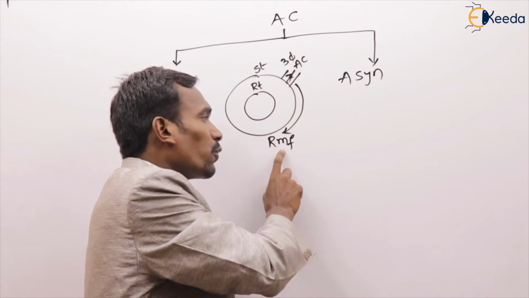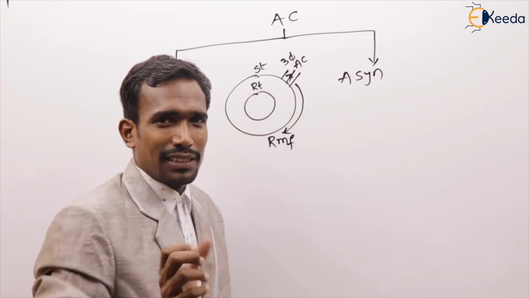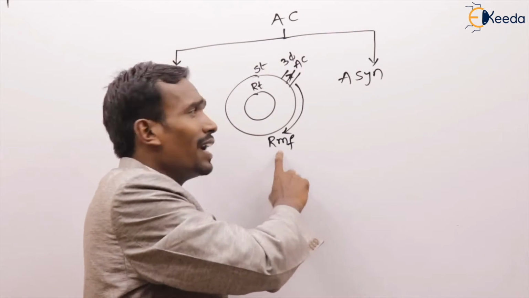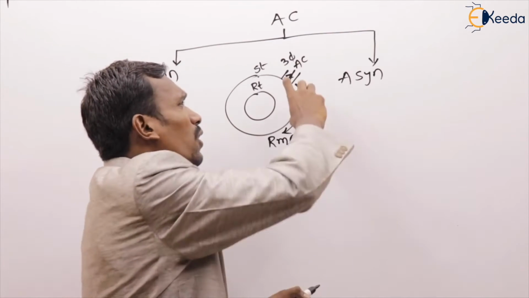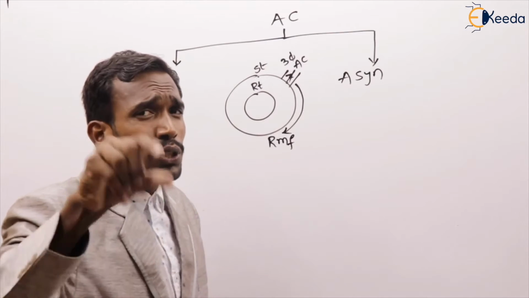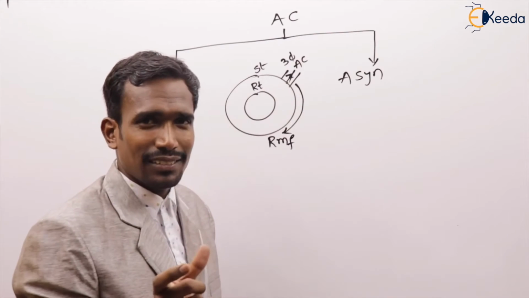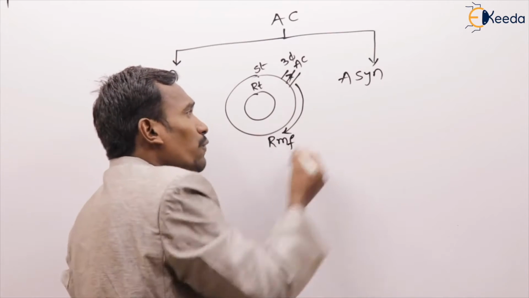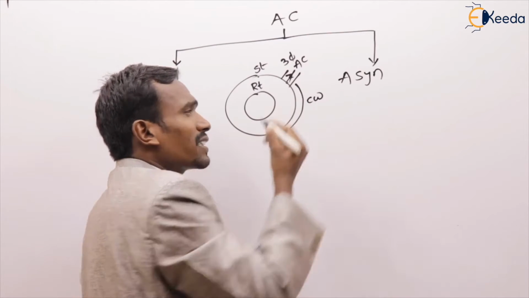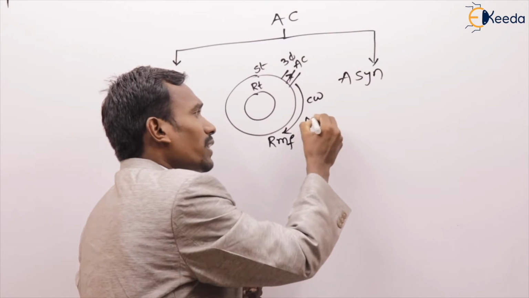I will give you proof about this just 10 minutes later. It is a rotating magnetic field. The stator winding produces a rotating magnetic field which rotates in clockwise direction with synchronous speed.